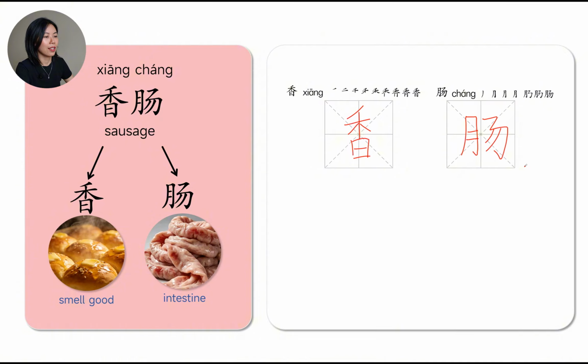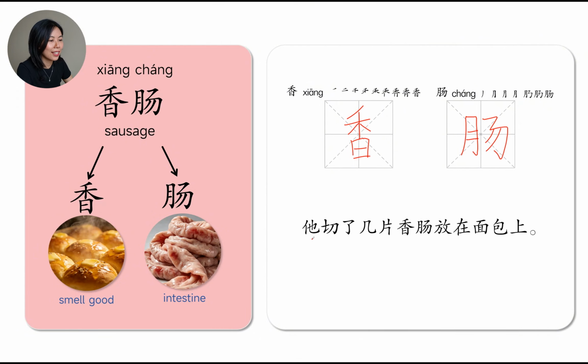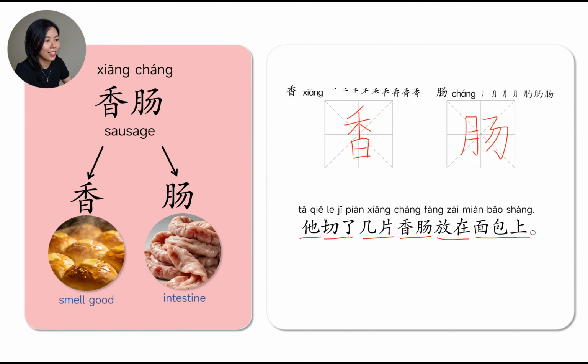Okay? 香肠。他切了几片香肠，放在面包上。He cut a few slices of sausage and put them on the bread.